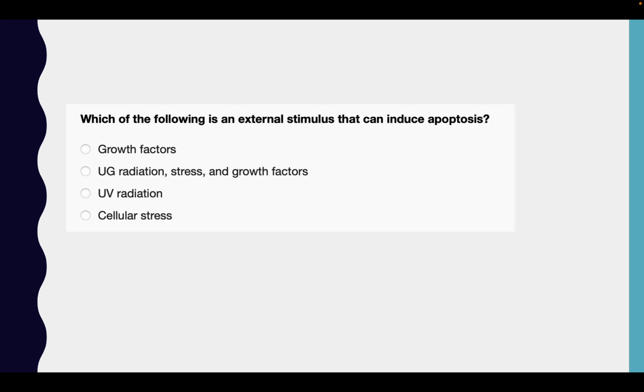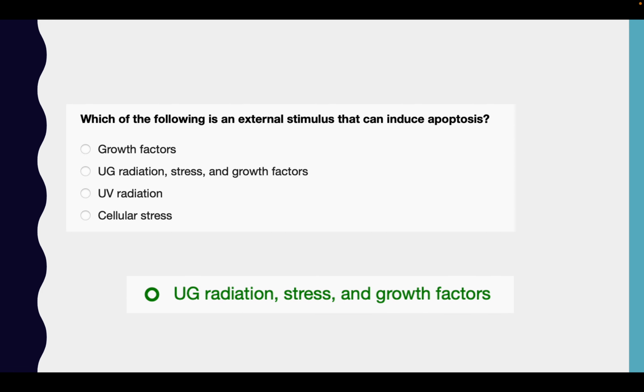Which option? UV radiation, stress, growth factors. Correct. Yes, all three: growth factor, UV radiation, and cellular stress.